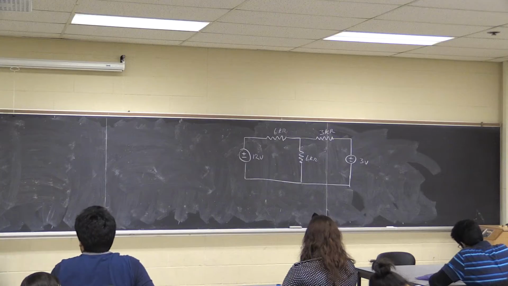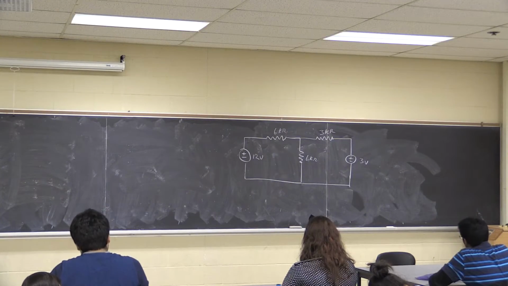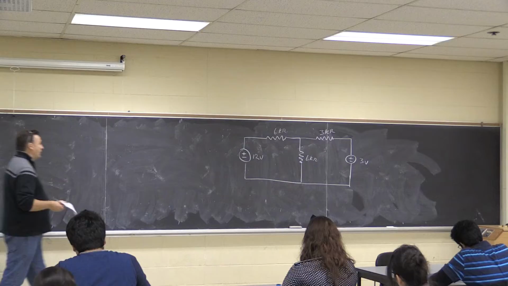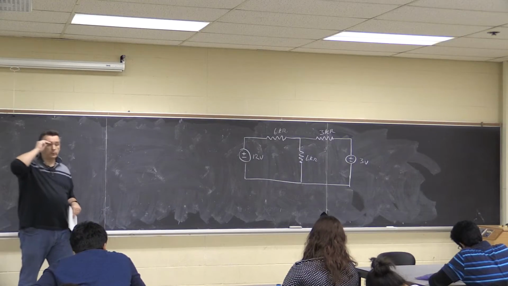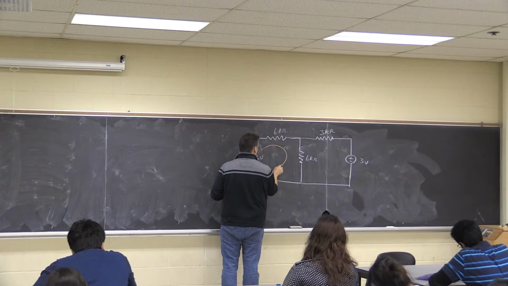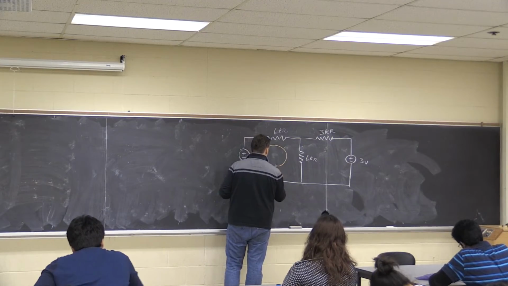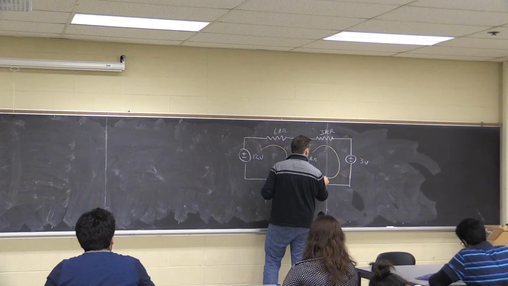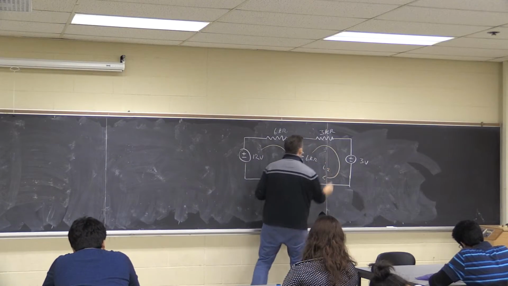Okay, and we're going to use loop analysis to solve this one. Clearly that's what we're learning about. So we could define two loop currents, and again we'll define them as clockwise. And let's just call this one I of 1, and we'll go I of 2.